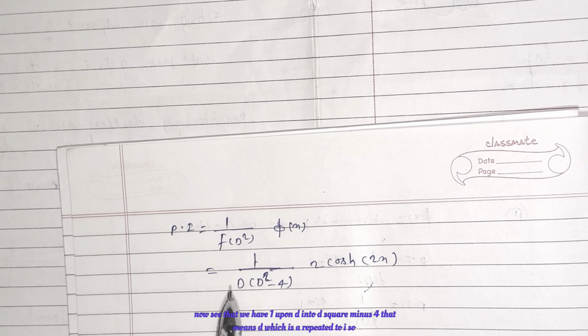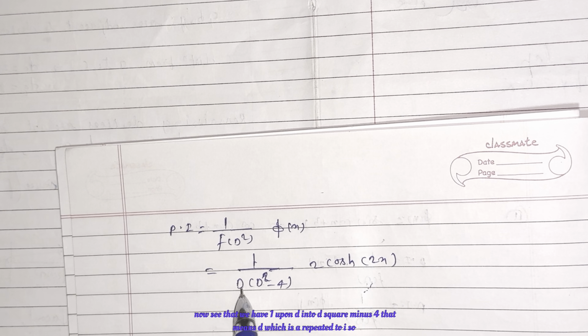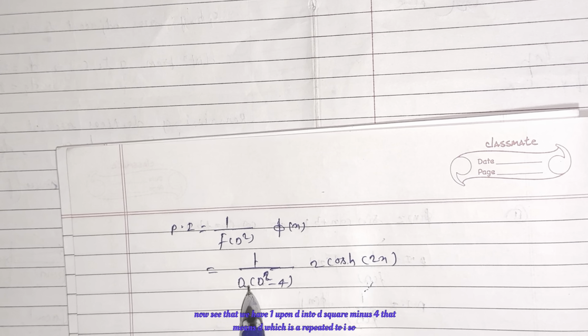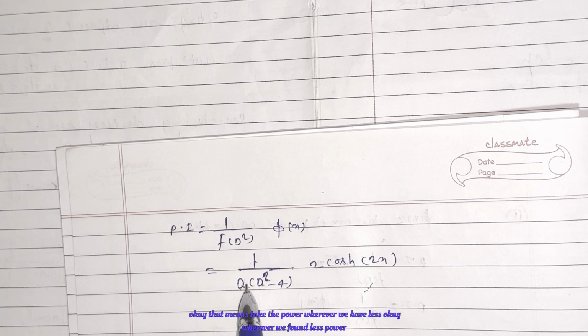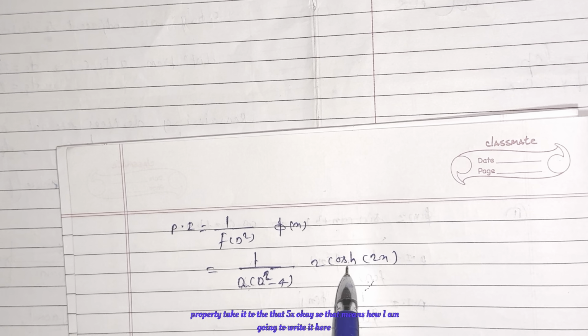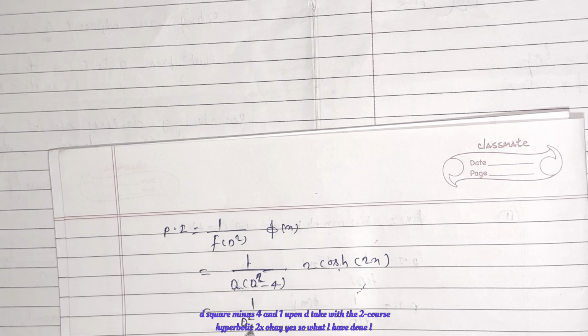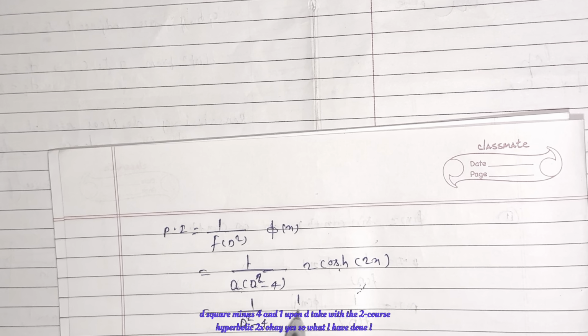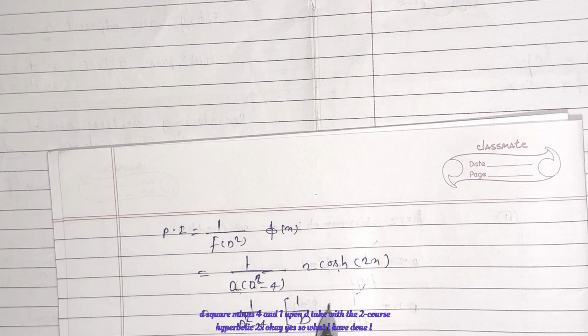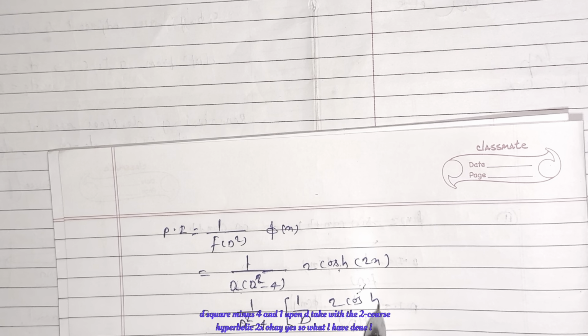Now see that we have 1 upon D into D square minus 4. That means D is repeated twice. Take the power wherever we have less, wherever we find the lesser power of D, take it to the phi of x. So I'm going to write it here as 1 upon D square minus 4, and 1 upon D taken with 2 cos hyperbolic 2x.